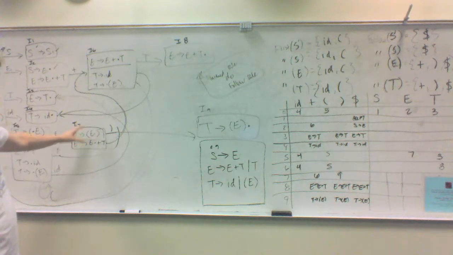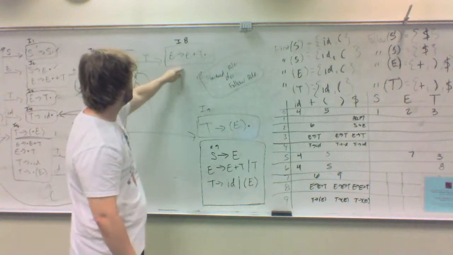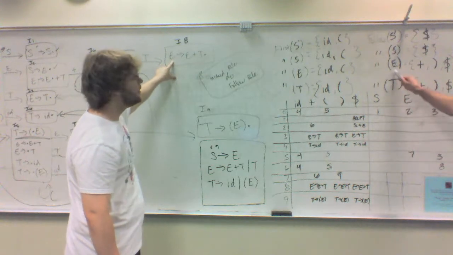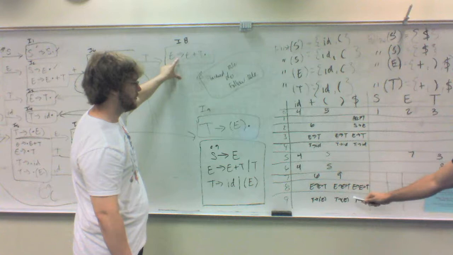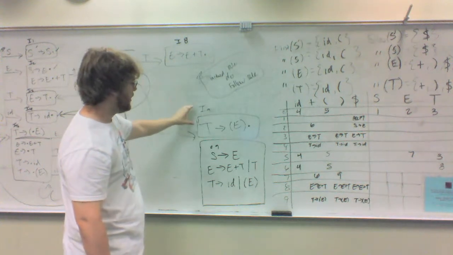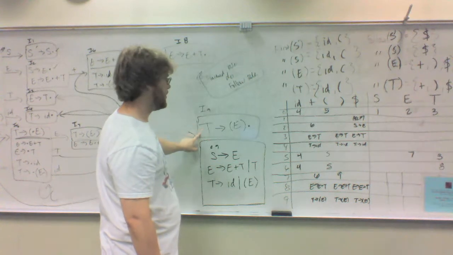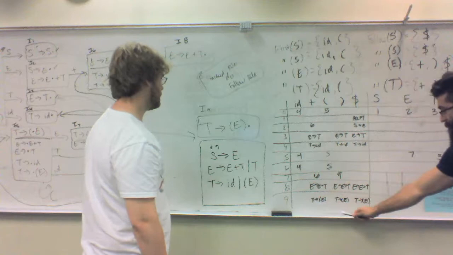And now we're finished with this one, and now going to I8, you can see a rule has finalized, and so we'll have to look at the follow set for E, and under I8, this rule will be included for each of those symbols. Now going to I9, we can see that another rule is finalized, and so for the follow set of T, this rule will be included for each of those symbols.